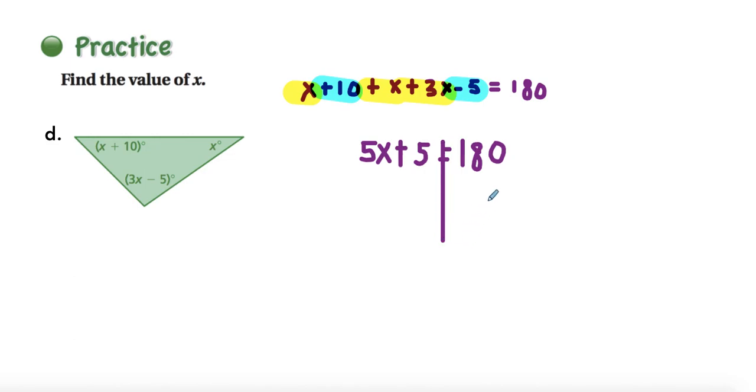Now I could use inverse operations, so instead of adding 5, I'm going to subtract by 5 on both sides. 5 minus 5 cancels out to be 0, so I can bring down my 5x. 180 minus 5 equals 175.